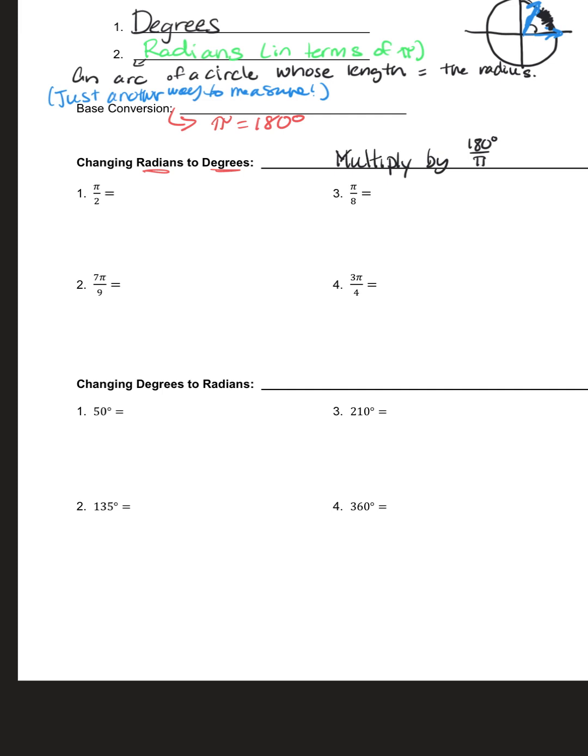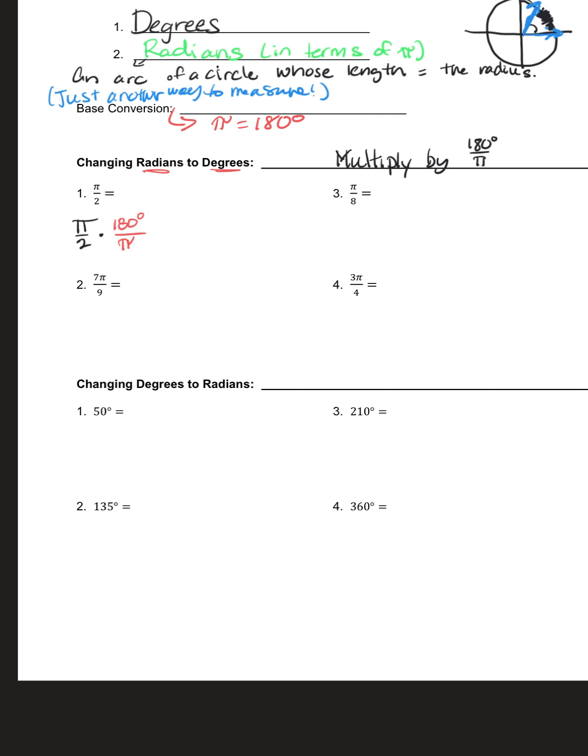So if I want to convert pi over 2 radians, pi divided by 2 radians, that's how we read it, to degrees. All I'm going to do is take my pi over 2, and I'm going to multiply by 180 degrees divided by pi. Now when we get done, if I'm looking for degrees, I should have no pi's.